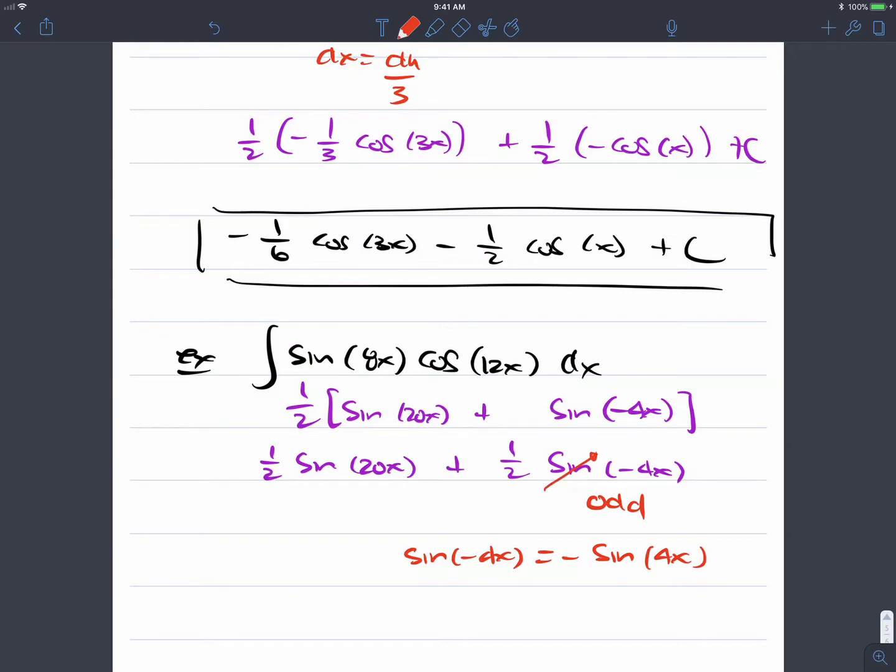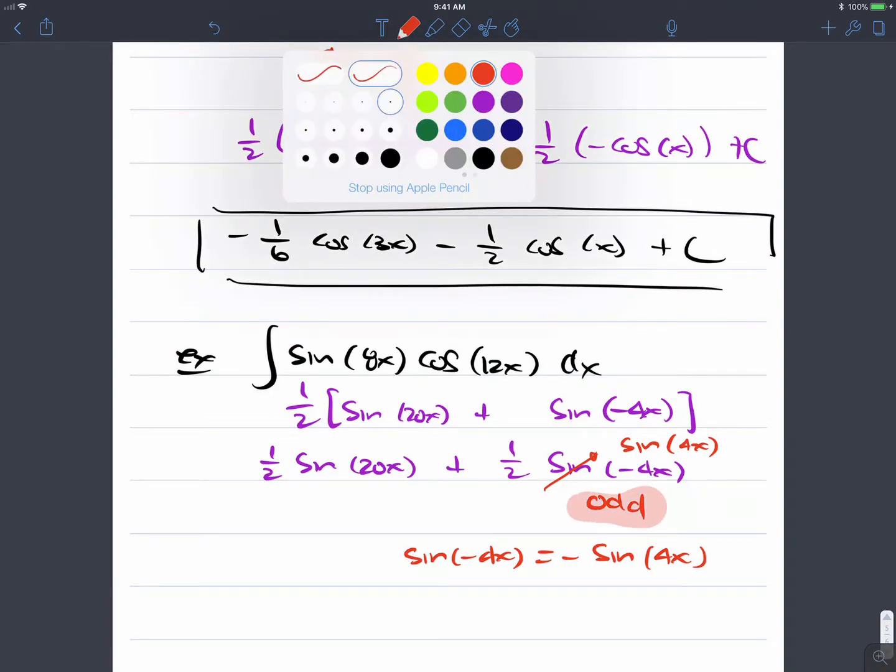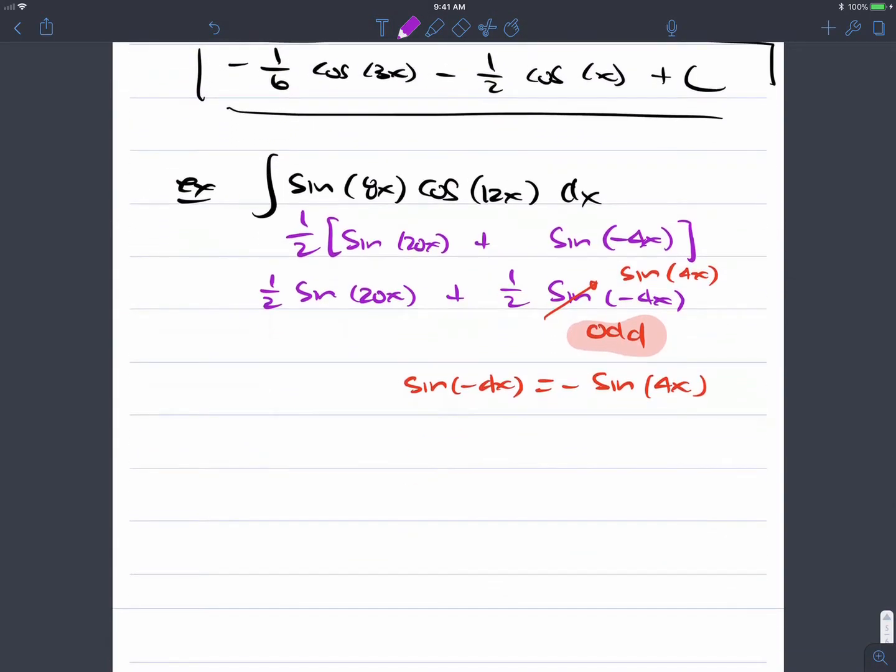So this is going to be sine of 4x, and that's because sine is odd. Okay. So I end up with 1/2 sine of your 20x minus 1/2 sine of your 4x. This is what I'm going to integrate.